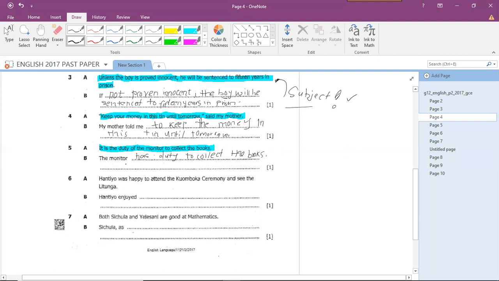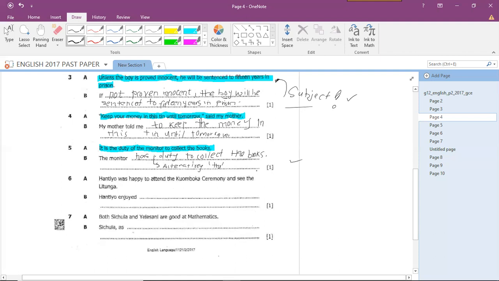So you can also say the monitor has the duty to collect the books, alternatively you can add the. It's still the same thing. So the monitor has duty to collect the books, or you can say the monitor has the duty to collect the books. They'll still mark you correct.